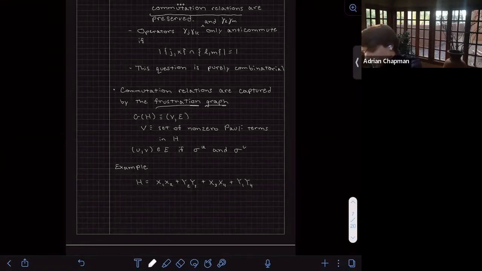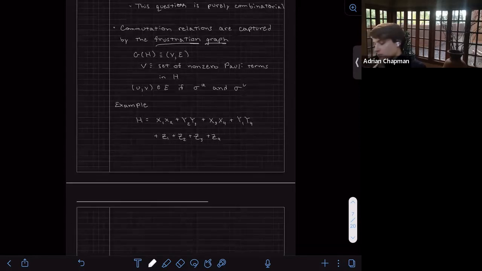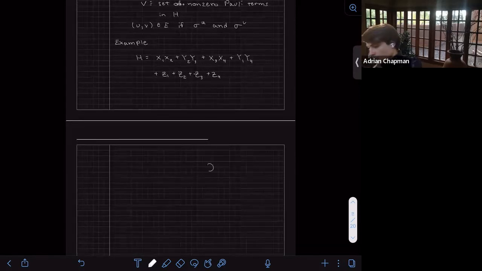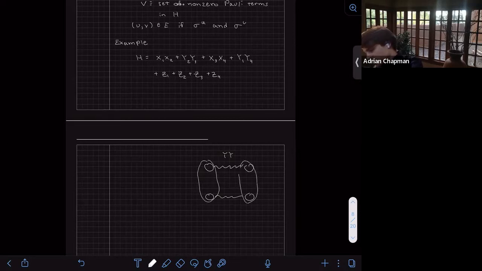Periodic boundary conditions. This will be my YY interaction. I guess we'll draw a circle for the XX interaction. And then each interaction will also have a local transverse field.